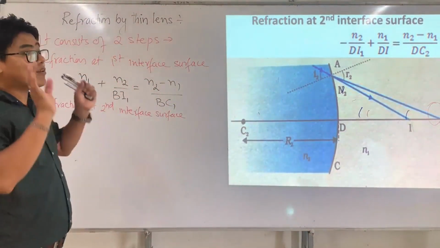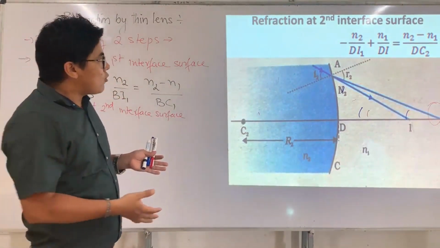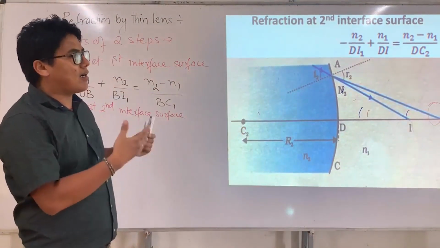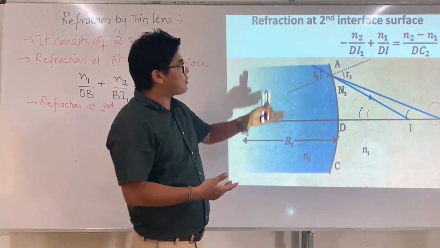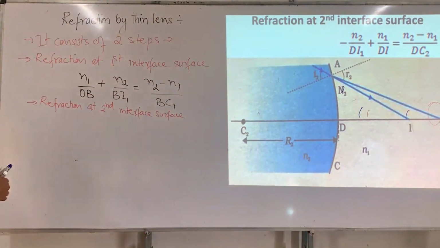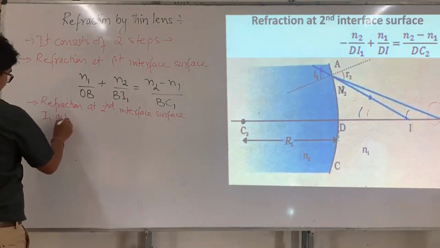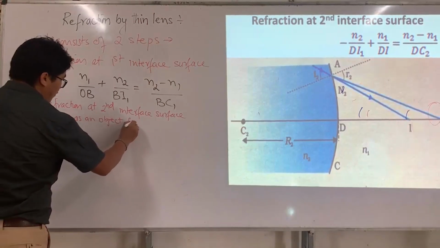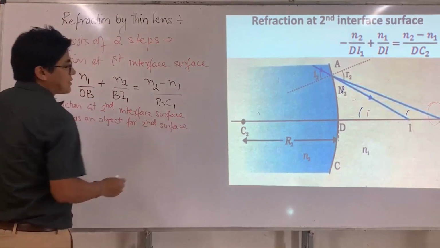Now I will give you one small home assignment. Maybe after this lesson, you will try to get the refraction at the second surface, applying the same method which I have done just now. You do it at home, and I'm sure you'll get this expression. So I1 acts as an object for the second surface.